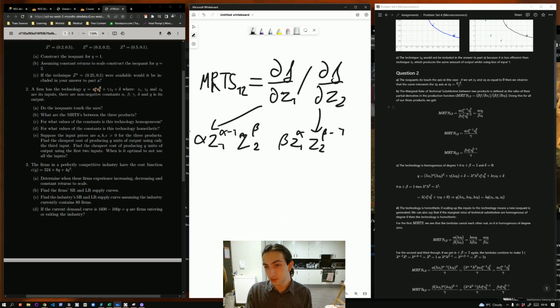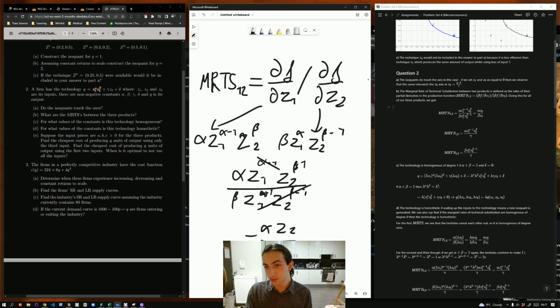If we divide these, we're left with alpha Z1^(alpha minus 1) Z2^beta over beta Z1^alpha Z2^(beta minus 1). We can cancel this out and make this into 1, and the same thing goes here. So we are left with alpha Z2 over beta Z1. And that is our marginal rate of technical substitution for 1 and 2.